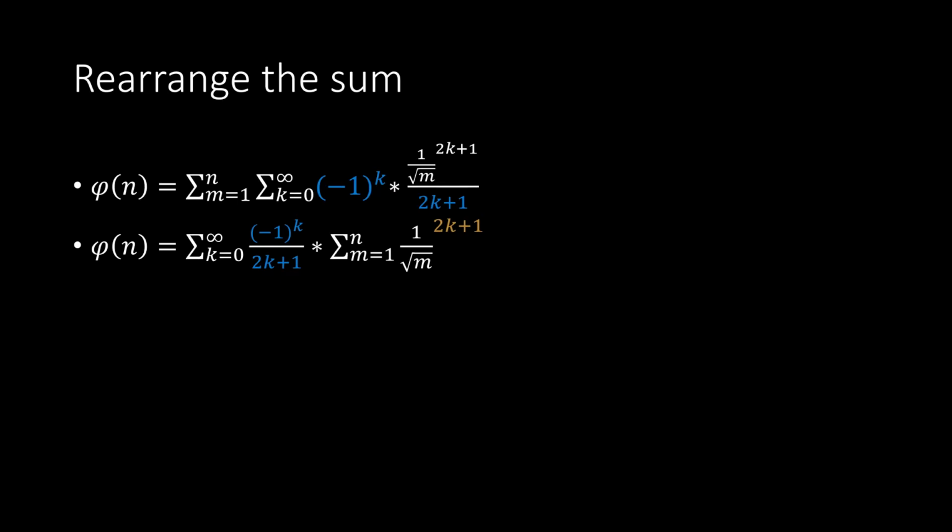So what we do here is we flip the summation signs and then we draw out everything that is independent, because it's a constant factor and a constant factor can be pulled out of the sum. And the final thing I'm going to do is merge the exponents with the exponents of the square root. So 1 to something, everything is always 1, and we can combine it nicely with the square root so that we have m to the power of k plus 1/2.